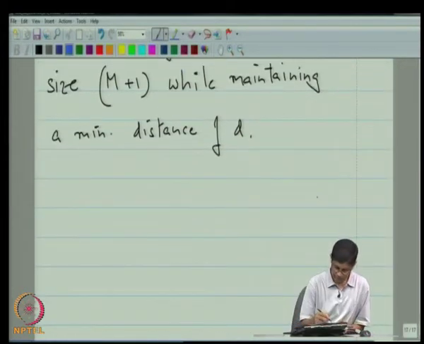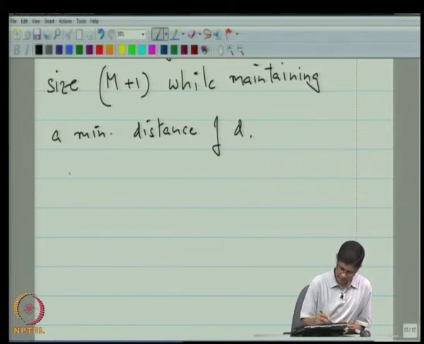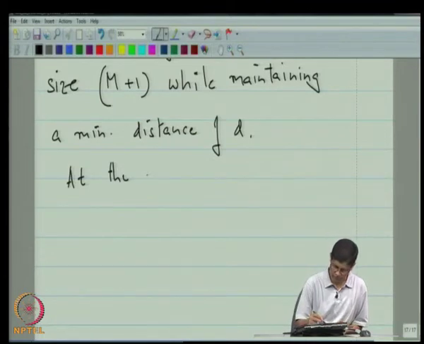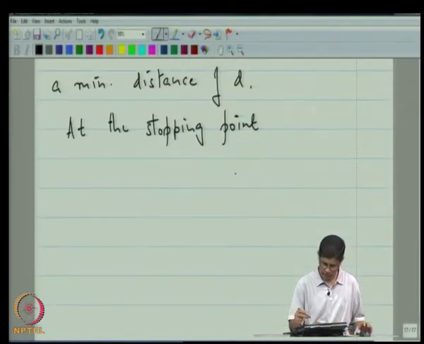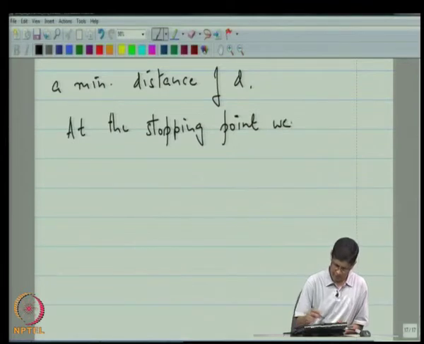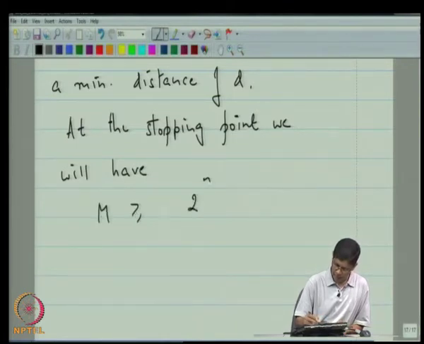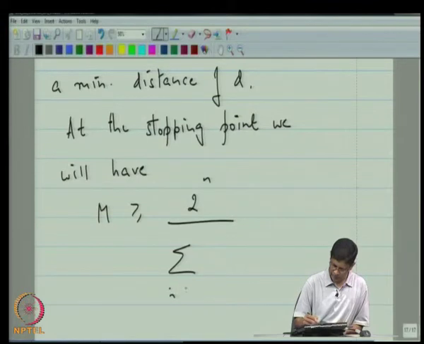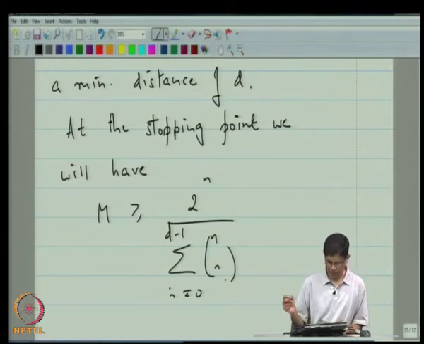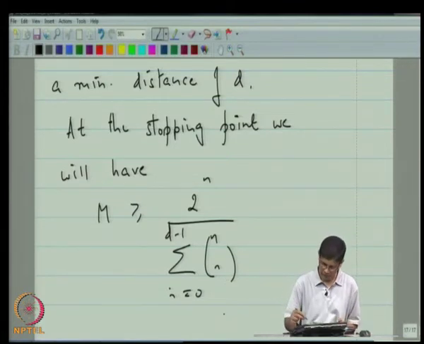Okay. So at the stopping point where this process cannot be continued, we will have m greater than or equal to 2 to the n divided by the sum, and this is the Gilbert-Varshamov bound.